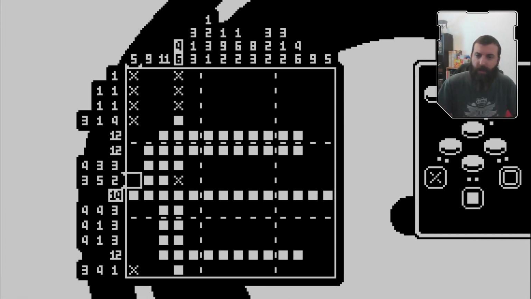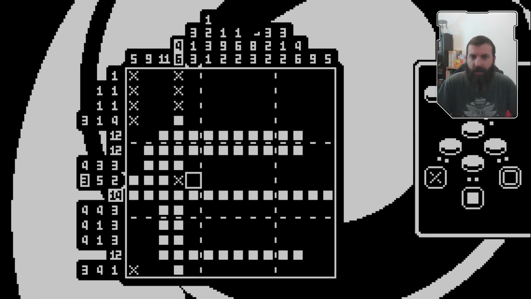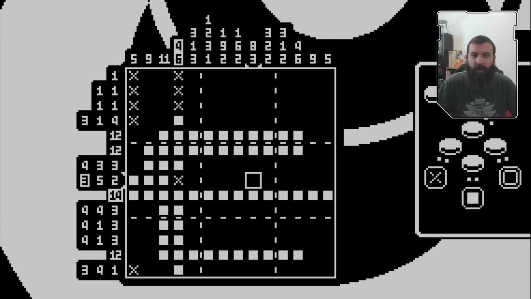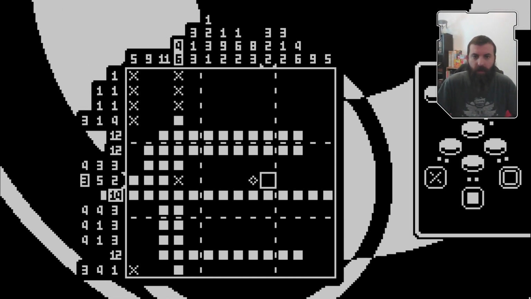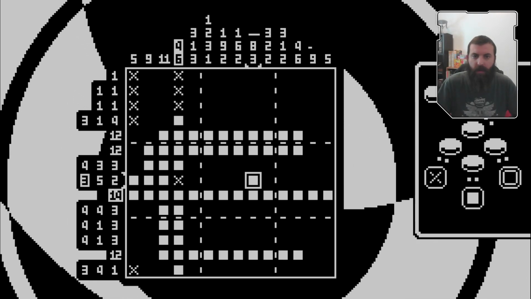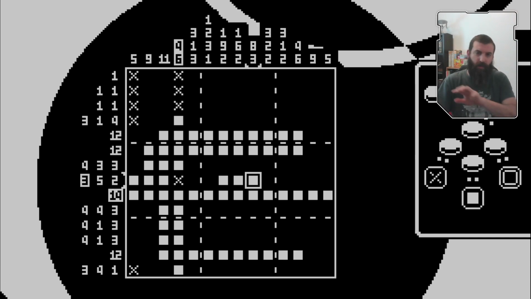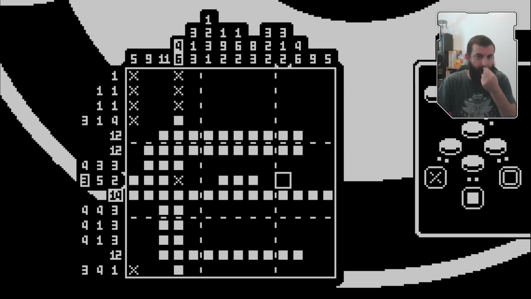Looking at our horizontal 3 though, that lets us fill that in. And we've got a 5 and a 2. 1, 2, 3, 4, 5. 1, 2, space, 1, 2, 3, 4, 5. So we know that the 5 has to at least cover these 3 spaces. There's 2 pixels of wiggle room there.